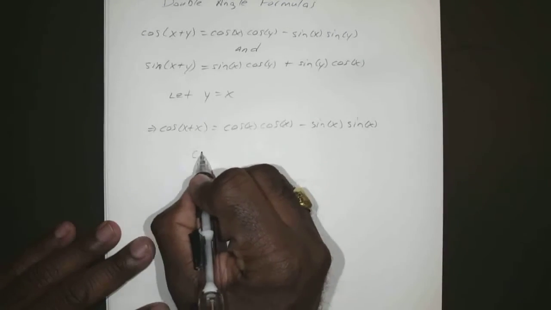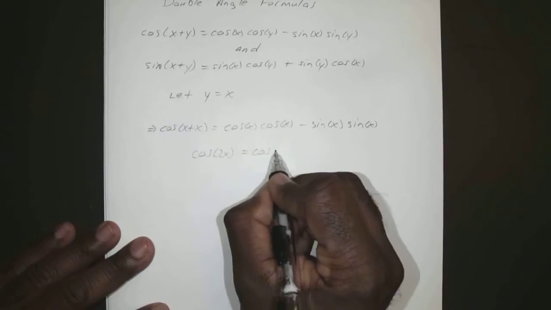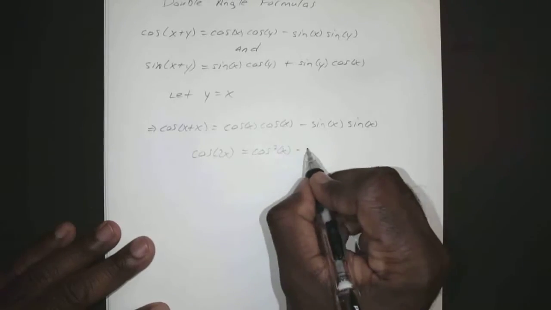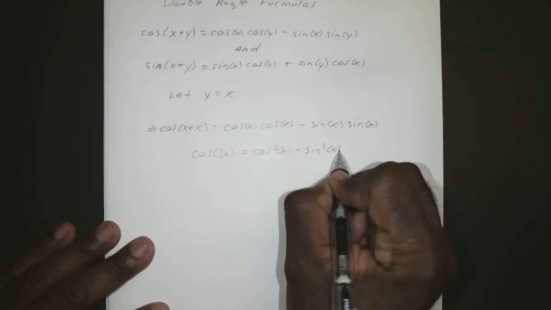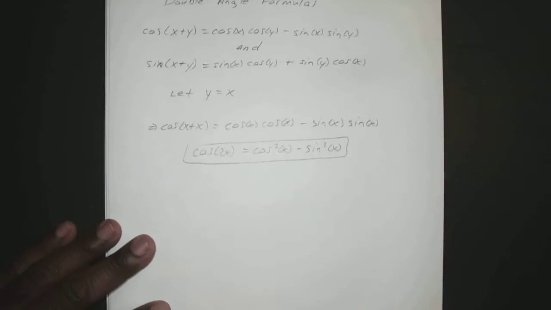Okay. That means you have cosine of 2x equals cosine squared of x minus sine squared of x. Okay, so that's our cosine double angle formula.